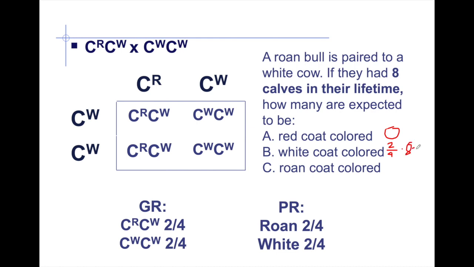Therefore, the answer should be 8 times 2, 16. 16 divided by 4, it should be 4. What about roan colored? In the same way, you follow the formula, simply multiply the fraction to the whole number. Therefore, it should also be 4.